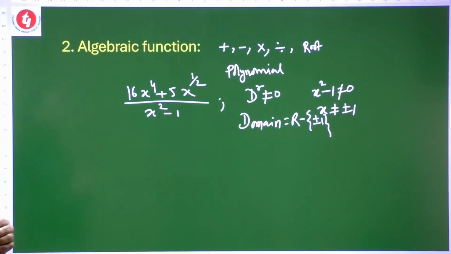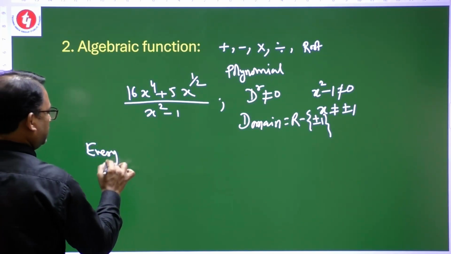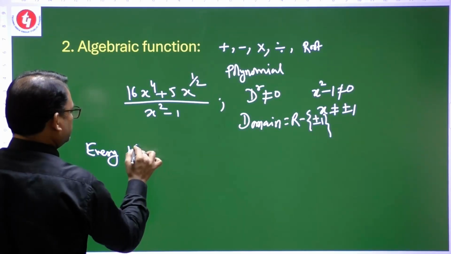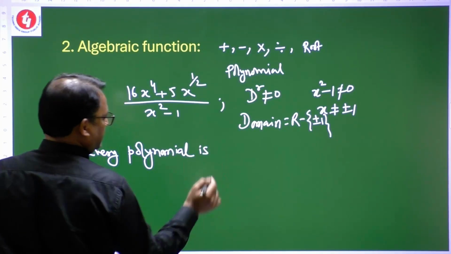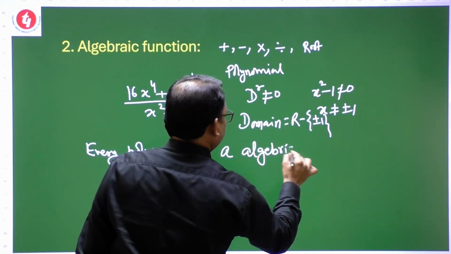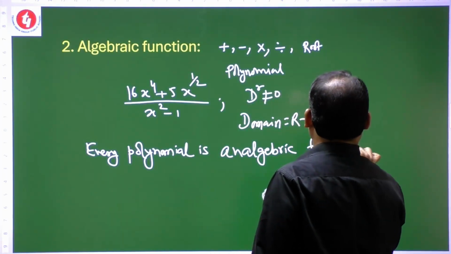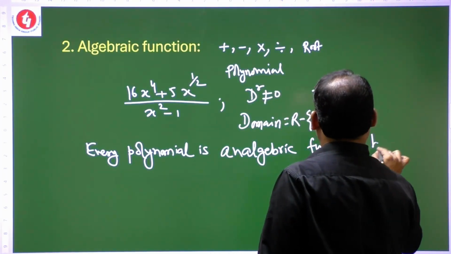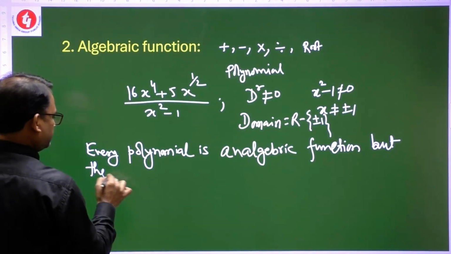From this definition, it is clear that every polynomial is an algebraic function, but the converse is not true.